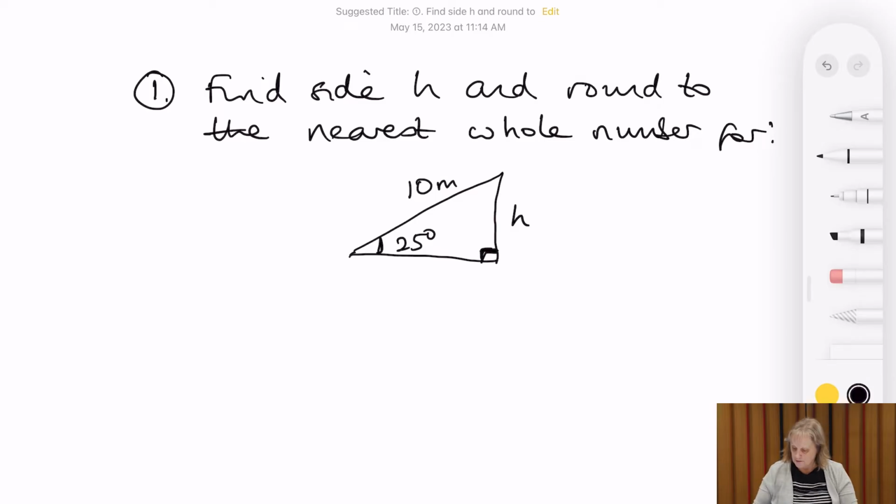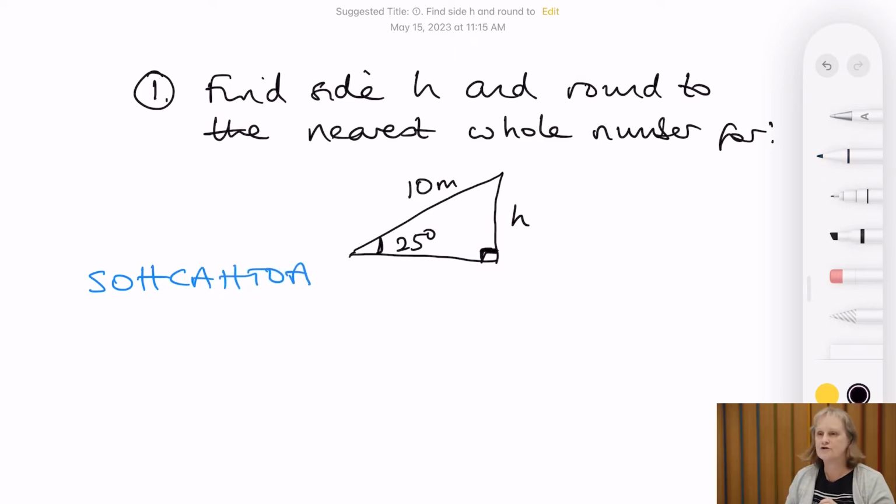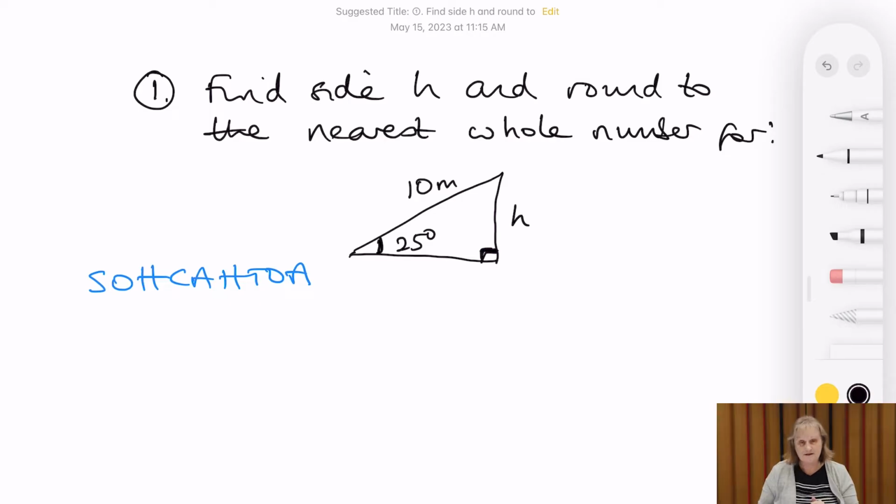So we're going to use SOH CAH TOA, so I'm just going to write that here as a reminder. And the trigonometric function that we're going to use is dependent on the information we're given in the question. So primarily we're going to indicate the angle 25 degrees. The side that's opposite that angle given is then known as the opposite side.